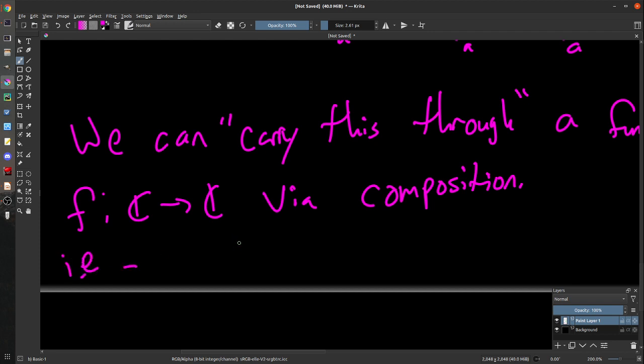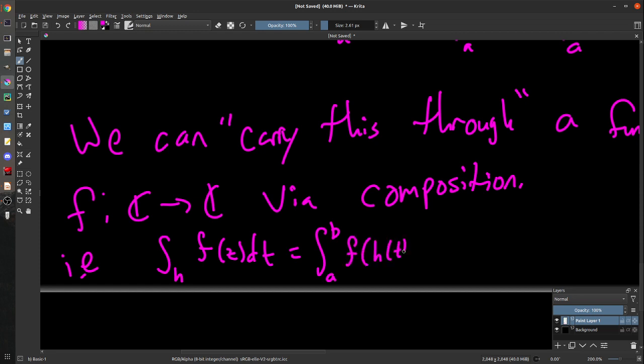We could write an integral over h of f of z dz, and we could define this as, from a to b, the integral of f of h of t.